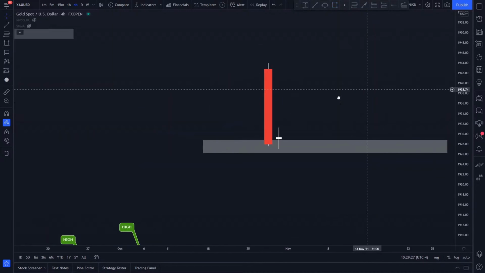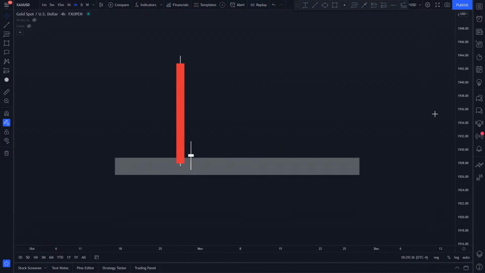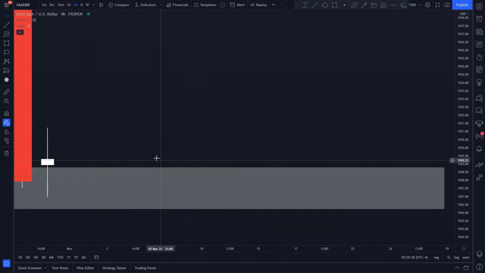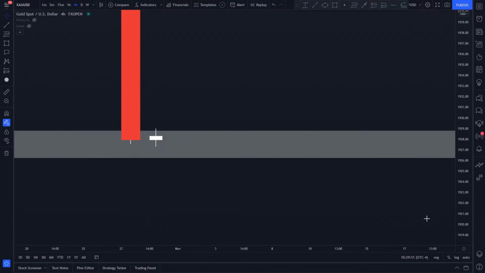Then let's draw out the next candle. Let me lower this, because that's too high. It needs to be right at the price. Yep, and then make the wick smaller. There we go, that looks better.